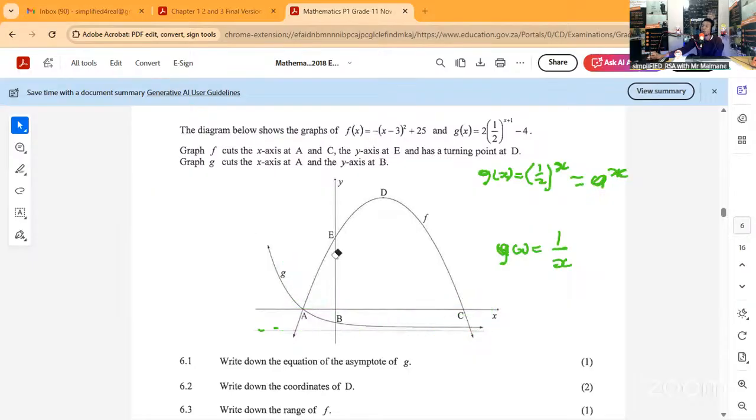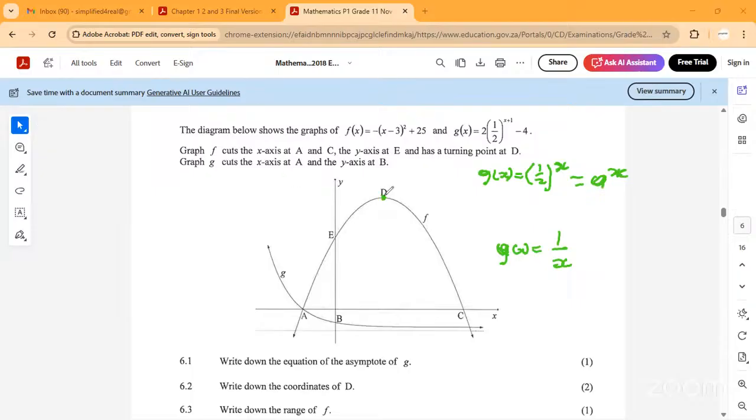Now, if we go through the question, the graph of f cuts the x-axis at A and C, the y-axis at E, and has a turning point at point D. Before we even continue, what would be the value of the turning point? 3 and 25.